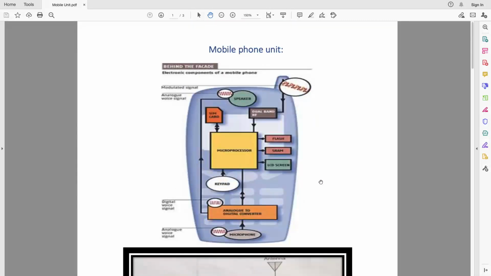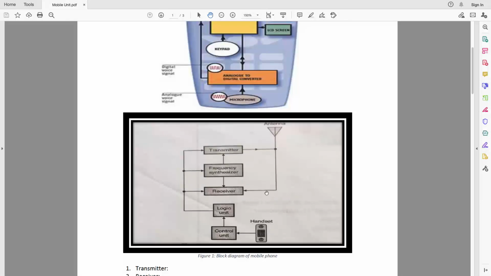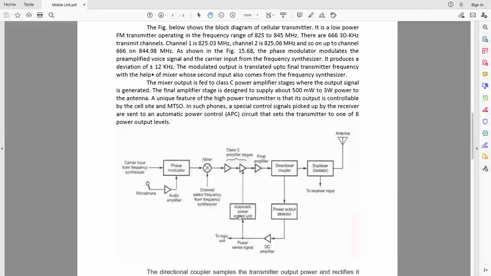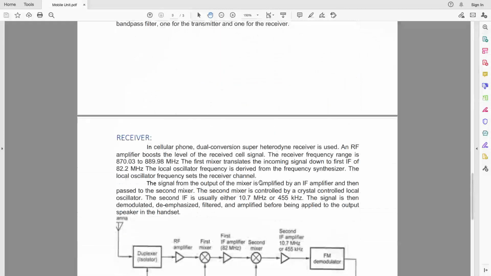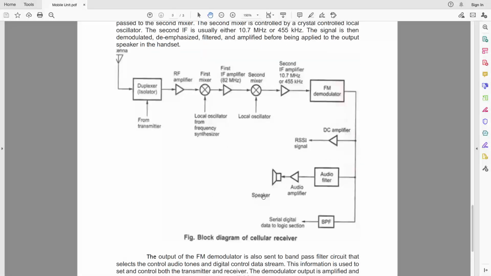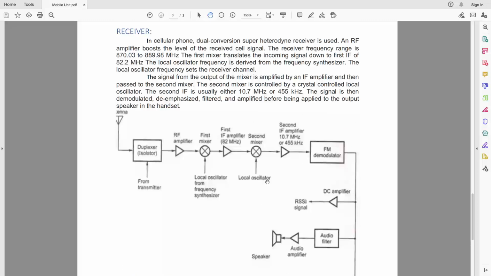So in this way, we have seen the basic block diagram of a mobile phone unit, the block diagram of a mobile phone transmitter, and the block diagram of a mobile phone receiver. In the next chapters we are going to study the logic unit, the control unit, and the various battery related blocks present in your mobile handset. Thank you.